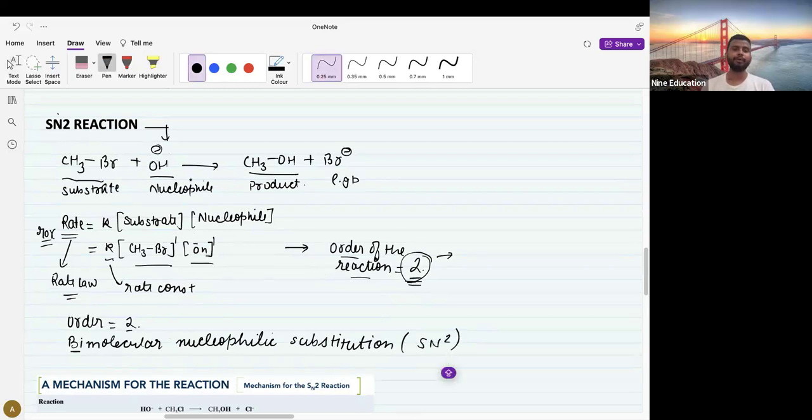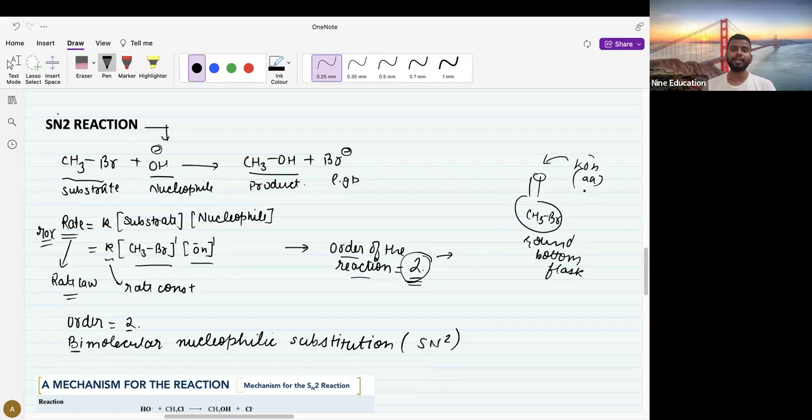है ना? So whenever we have given this substrate and nucleophile, let's say I have a small round bottom flask. I take in this round bottom flask CH3Br and I put from above aqueous KOH, and OH minus I put from above.